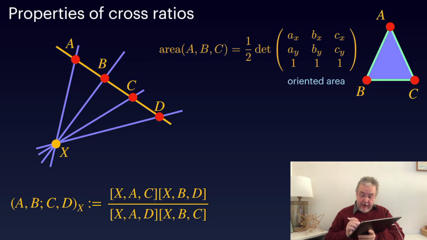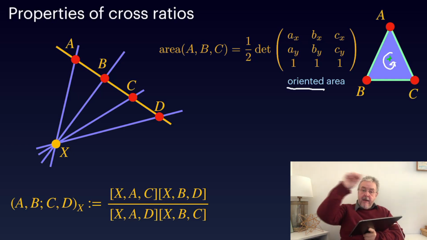Here I have one little word here. I say oriented area, meaning that this area really has a kind of orientation. If A, B, and C are ordered in a counterclockwise order, this will turn out to be a positive sign, like here.